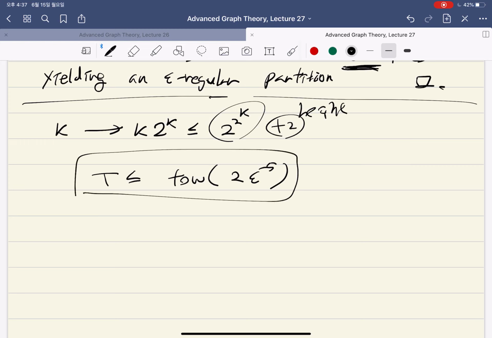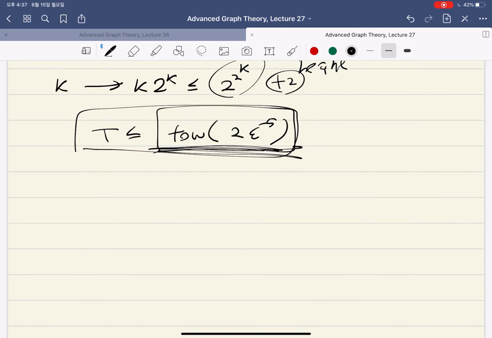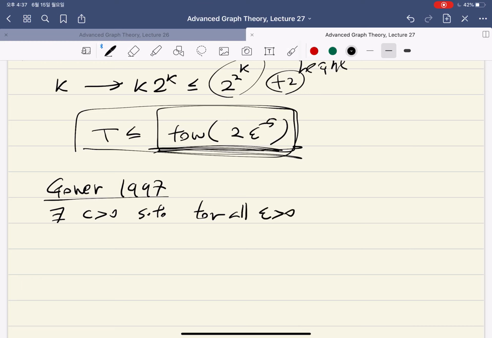And one can ask: maybe this proof yields a number of parts at most this, but can we do better? Maybe it's a flaw of this proof. Maybe if we have a better proof, can we get a better number? But Gowers in 1997 proved that it is somewhat unavoidable. That means he showed that there is a certain constant C such that for all epsilon positive, there exists a graph G which satisfies the following.